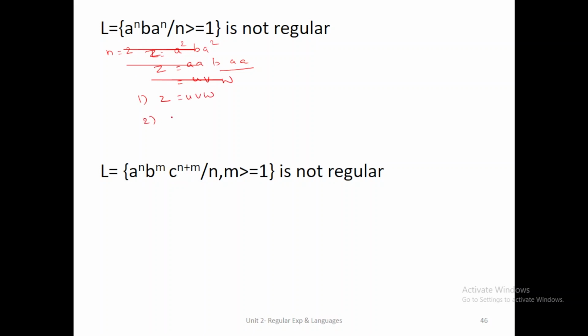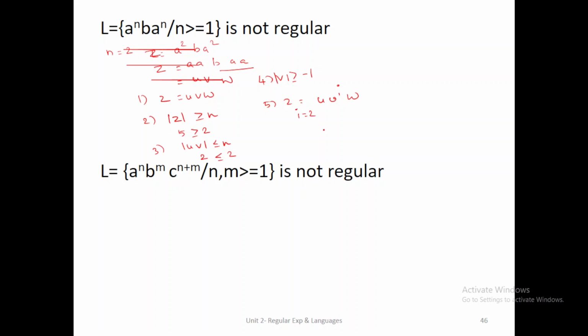I am framing it. Mod Z value should be greater than or equal to n. The length is 5. I am taking n is equal to 2. It's true. Mod UV value less than or equal to n. So it's 2 less than or equal to 2, true. Mod V value greater than or equal to 1. It's also true.